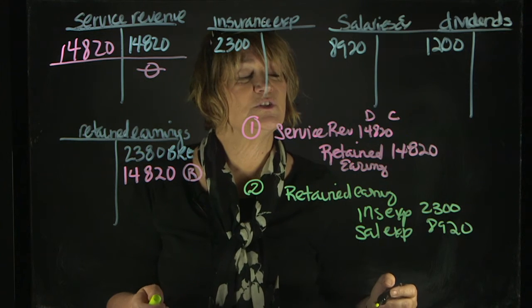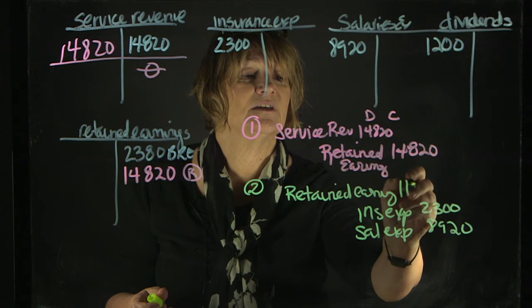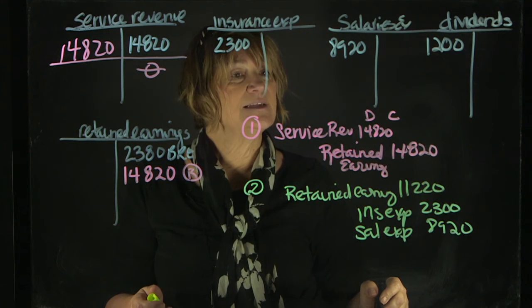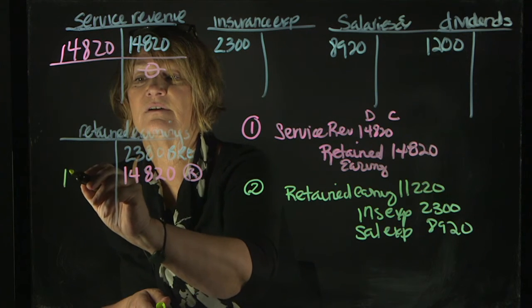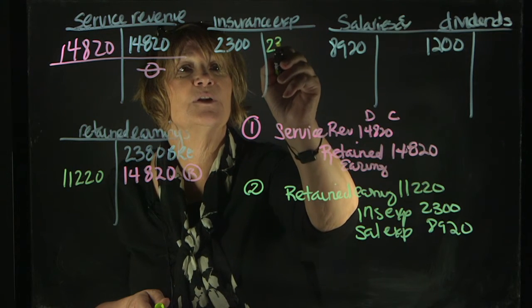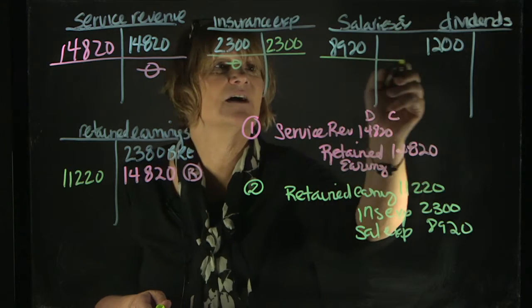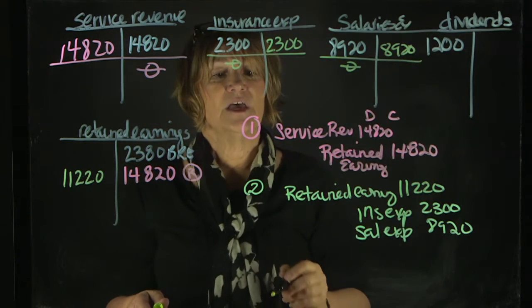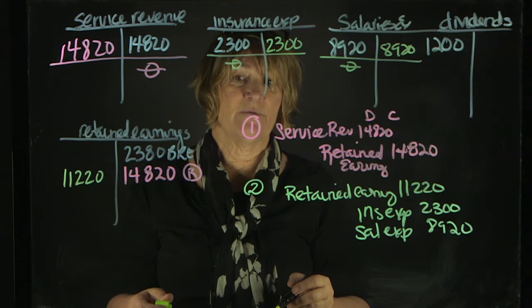When I add those two together, I get $11,220. Okay? And so that is the amount that I'm going to move here to retained earnings, and I'm going to post each of those, bringing each of these accounts to 0. So now I've closed the expenses and brought them to 0 as well.